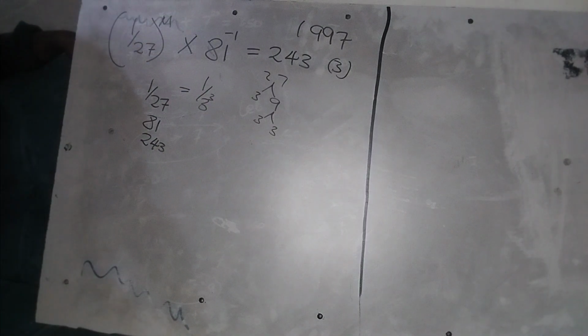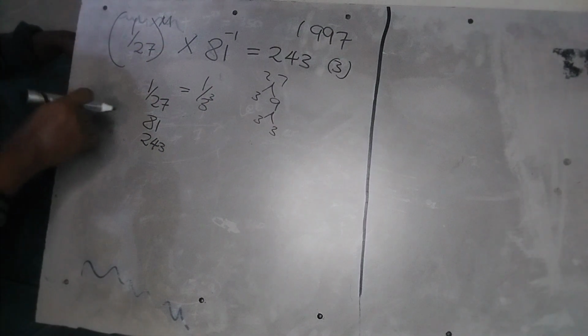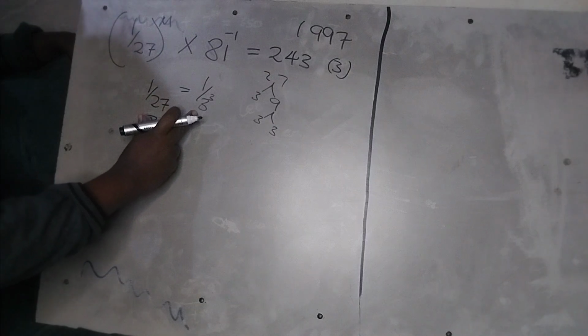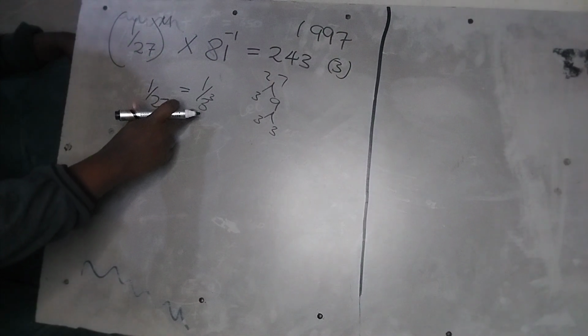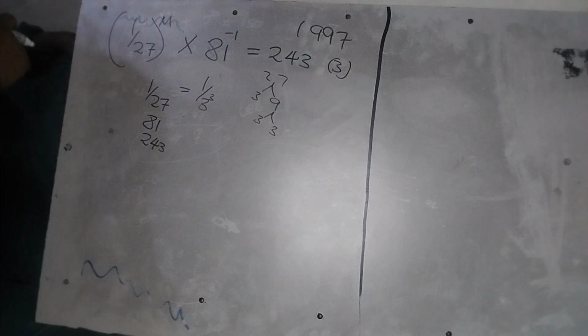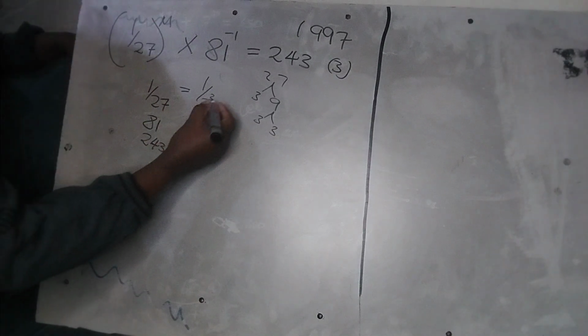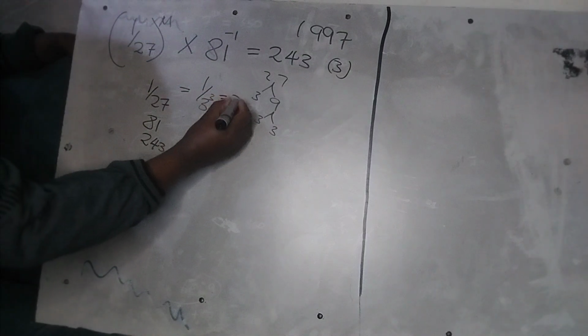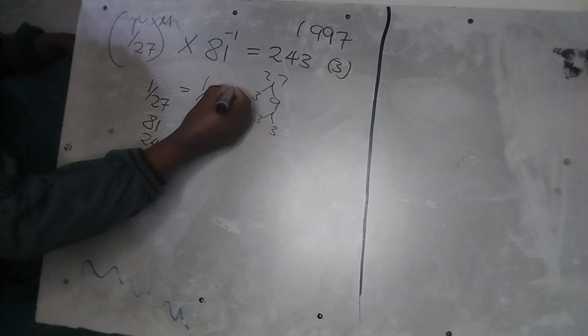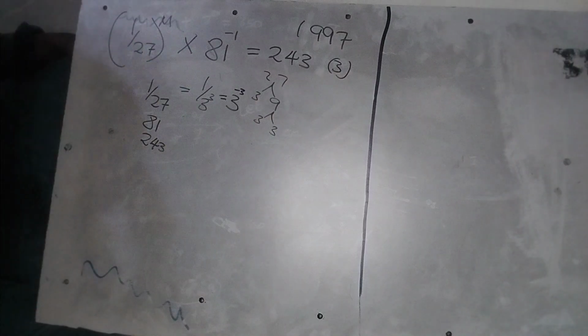One thing you need to understand about fractions is when the number is on the bottom, for you to remove the fraction, you have to indicate a negative on the power. 1/3 to power 3 is the same as 3 raised to power -3.